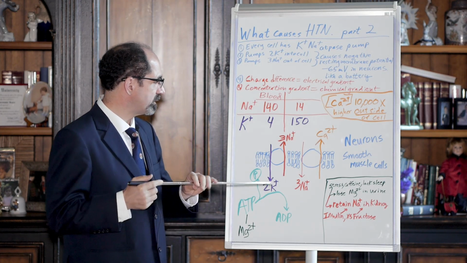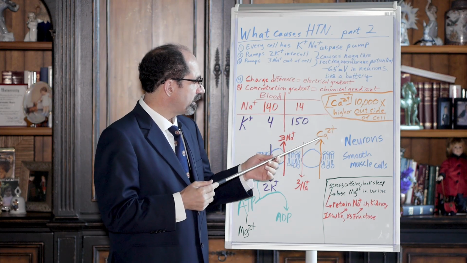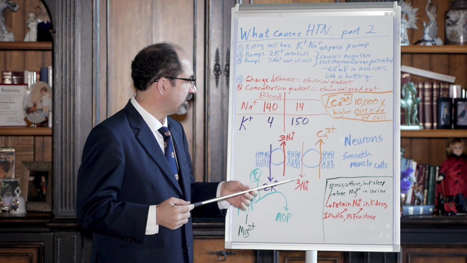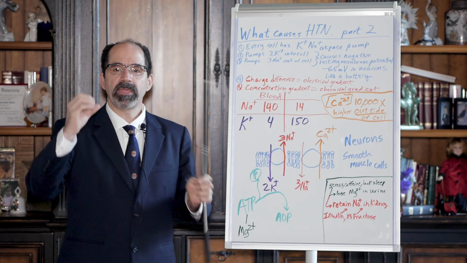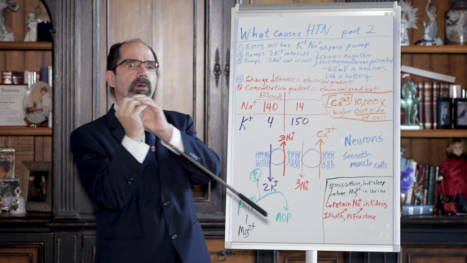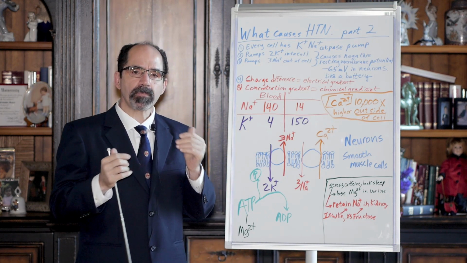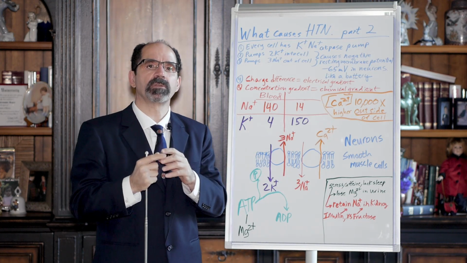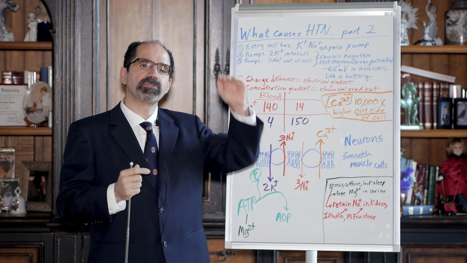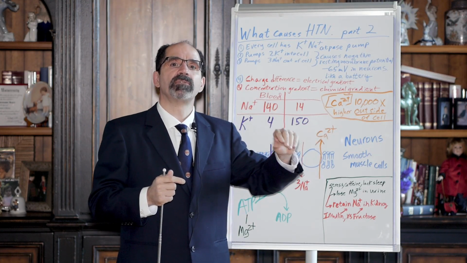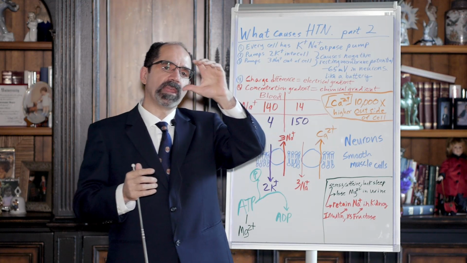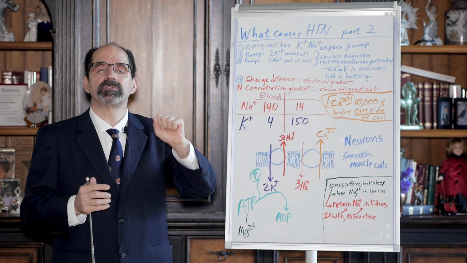The reason is when you get accumulation of calcium inside your smooth muscle cells, they are located along the arteries. They line the arteries of your body. When calcium accumulates in those cells, it causes the smooth muscle cells of your arteries to contract. When they contract, they constrict and narrow their diameter.